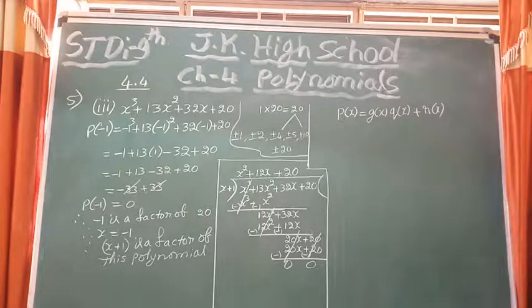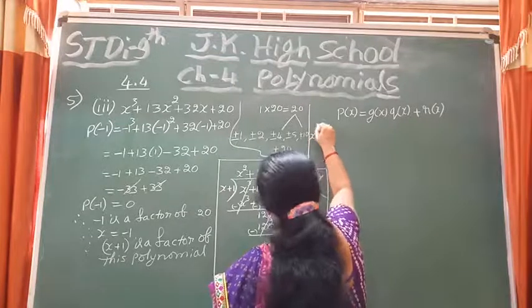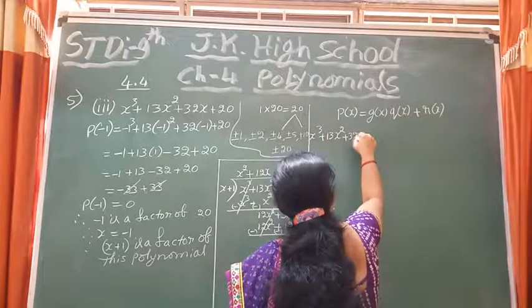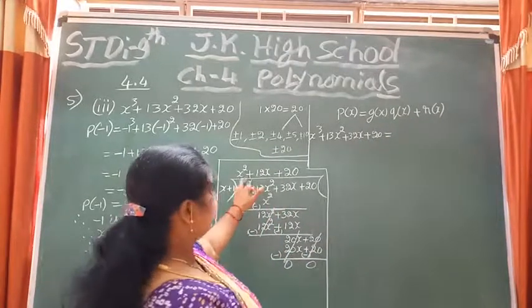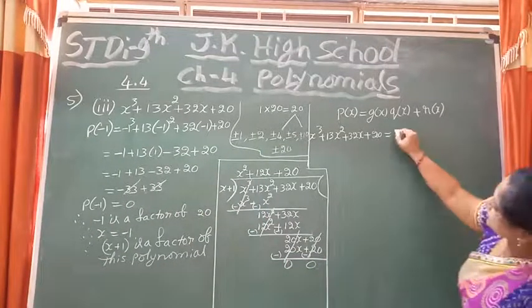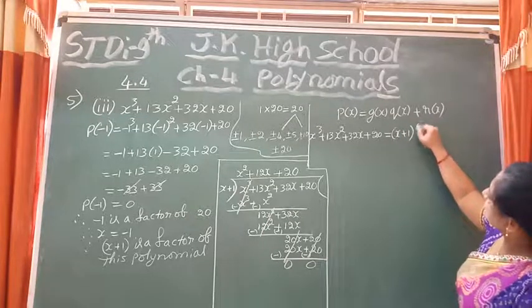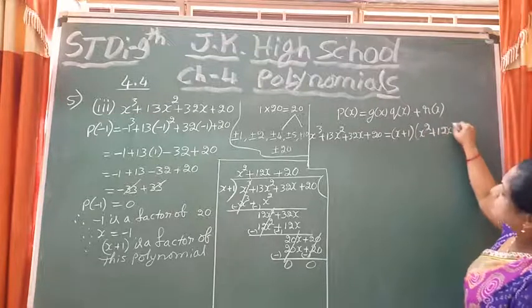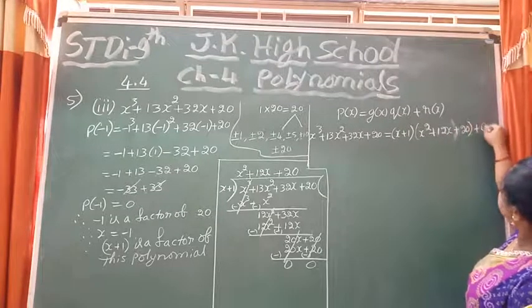P of x we already know: a cubic polynomial, x cube plus 13x square plus 32x plus 20. g of x is x plus 1, one of the factors. Then q of x is x square plus 12x plus 20. r of x we know is 0.